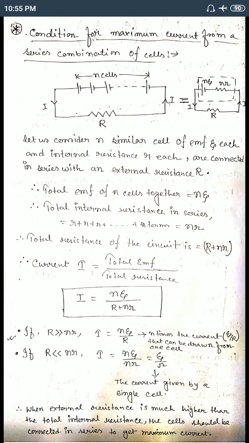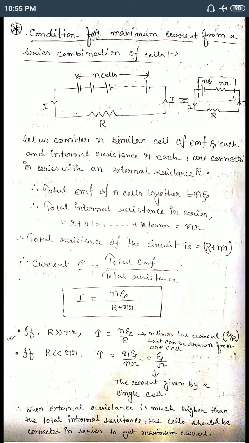Suppose you have 4 cells having the same EMF, 2 volts each. So what will be the total EMF? 4 into 2. Here 4 represents n and 2 represents the EMF E. So n into E is the total EMF for these n cells together.